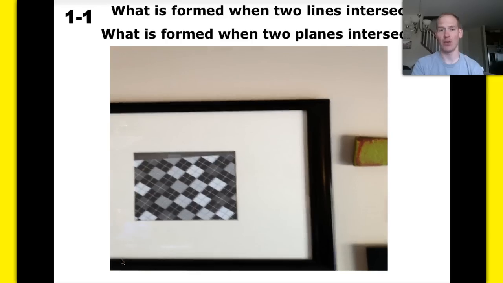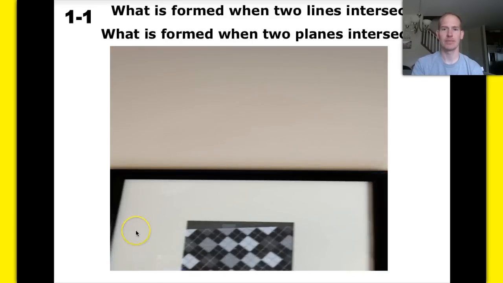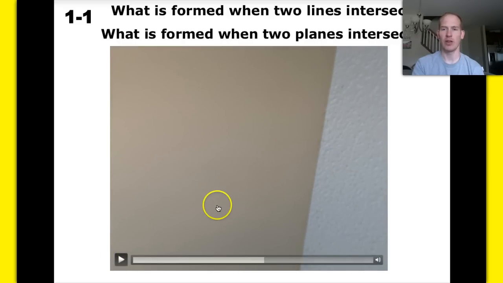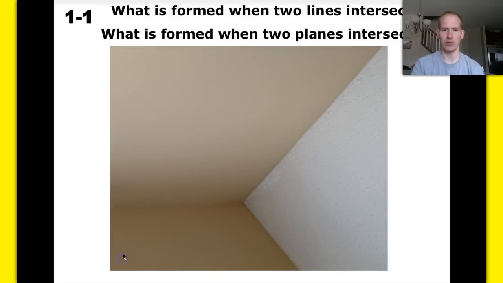This is in my house, by the way. I know, pretty exciting. But right there, try not to get dizzy. There's the wall, there's the ceiling, so you can view those as planes. Now where those intersect, what is formed right there? If you said line, you are correct. Now let's go one step further.